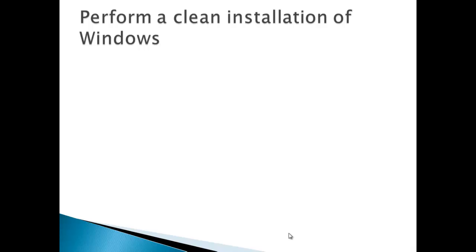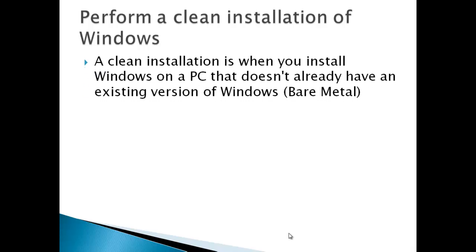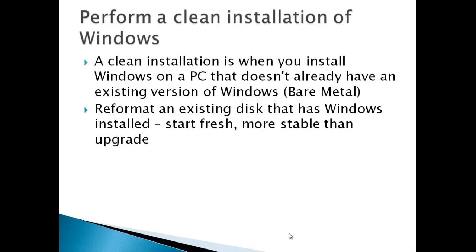Performing a clean installation of Windows. A clean installation is when you install Windows on a PC that doesn't already have an existing version of Windows, bare metal. So if it doesn't have any Windows, nothing, you just buy a brand new hard disk and you install Windows on it. It's called a clean installation. Reformat an existing disk that has Windows installed.